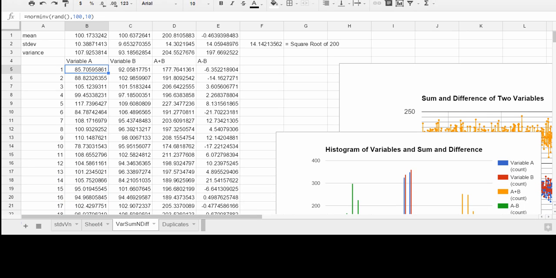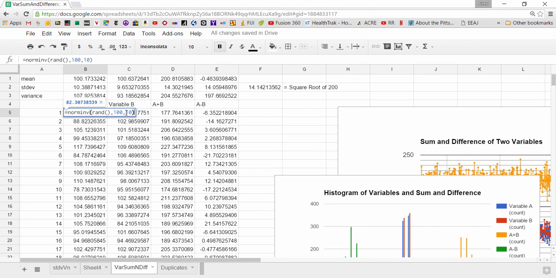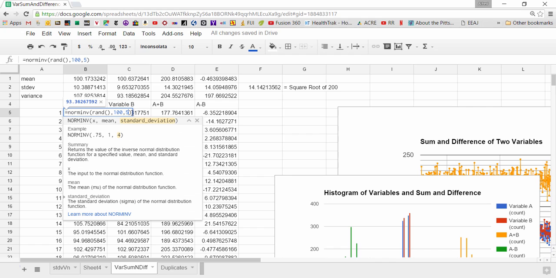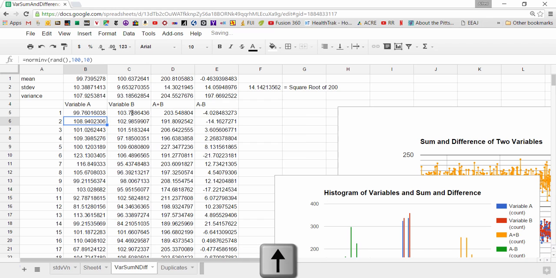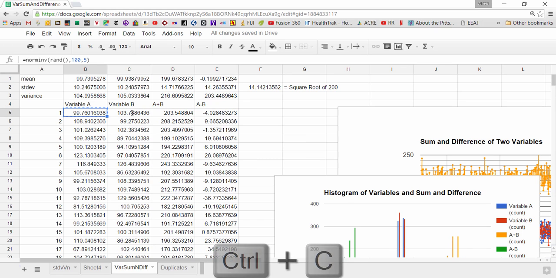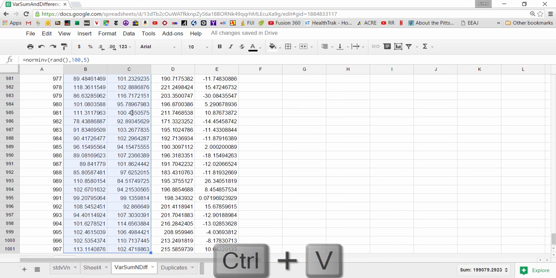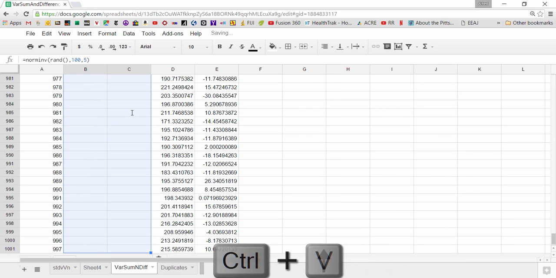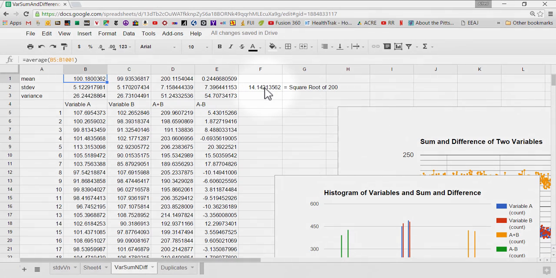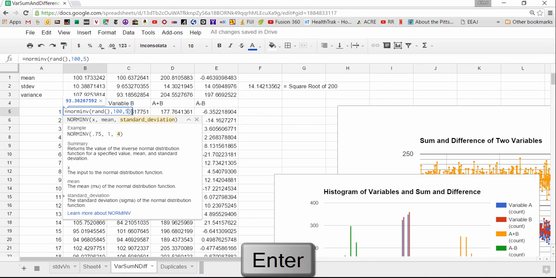I can illustrate what I've been telling you by changing my random number formula to have a standard deviation of, say, 5 instead of 10. Now watch the standard deviations and the variances in the formulas maintain the same relationship that was discovered by a friend, Mr. Bienaymé, in 1853.